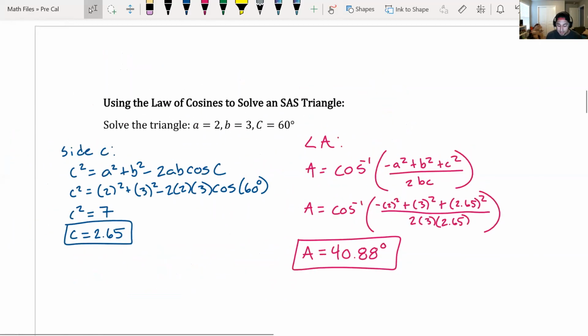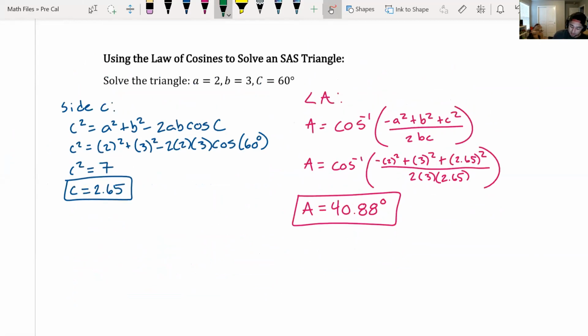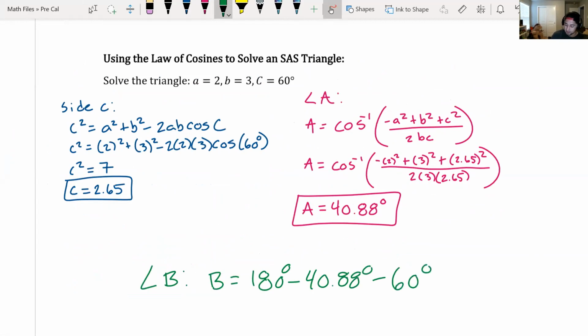So you have side C, you have angle A. Now all we have to do is find angle B. That's going to be really easy because angle B is going to be 180 degrees minus 40.88 degrees minus 60 degrees.